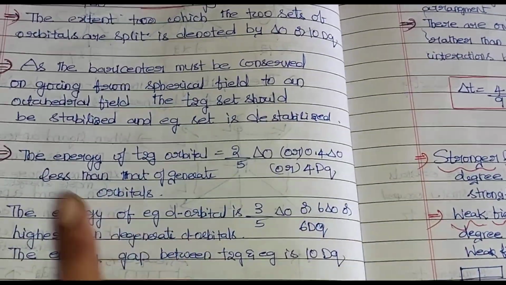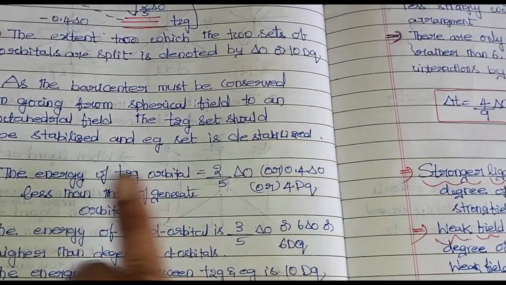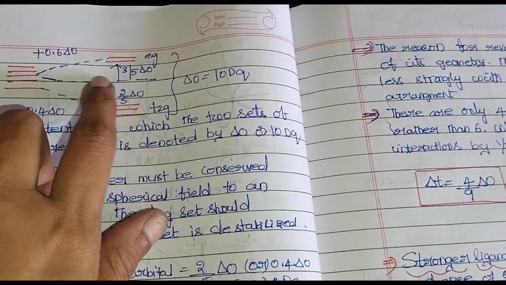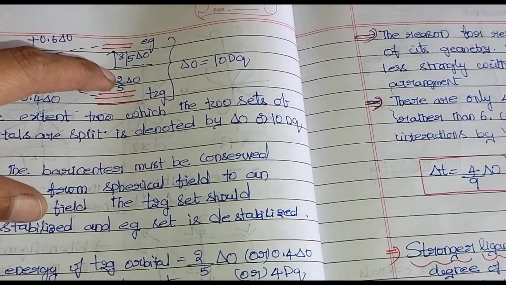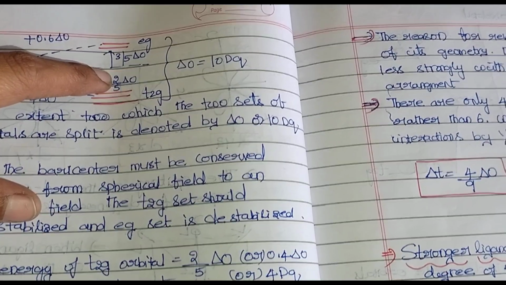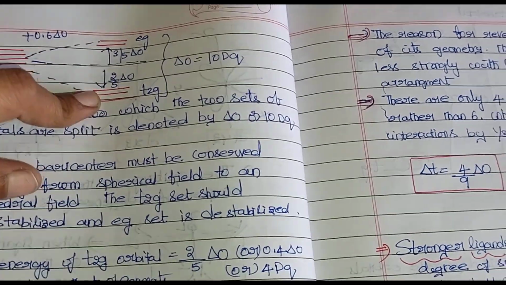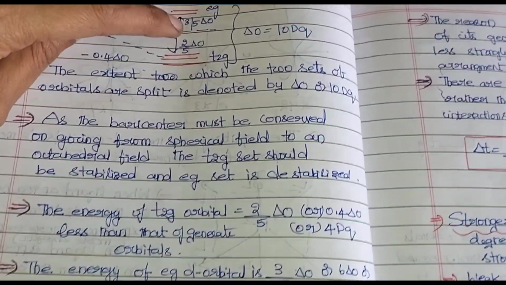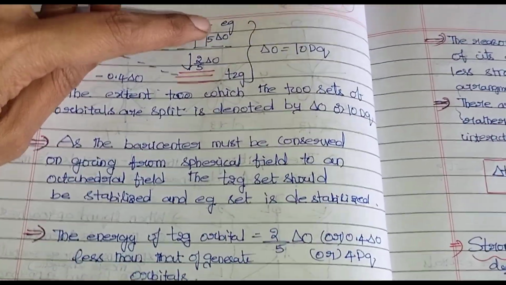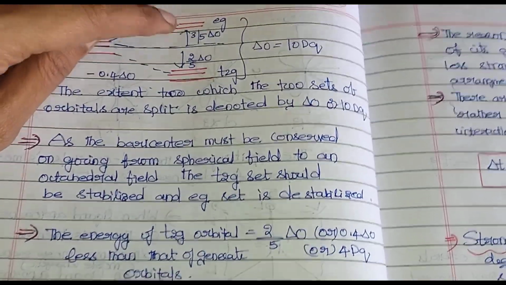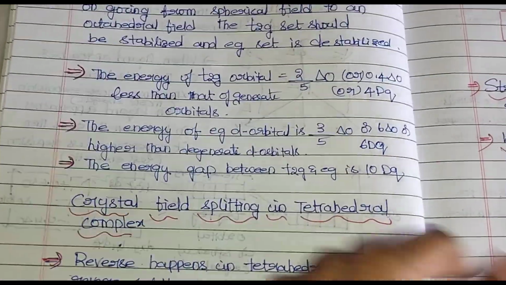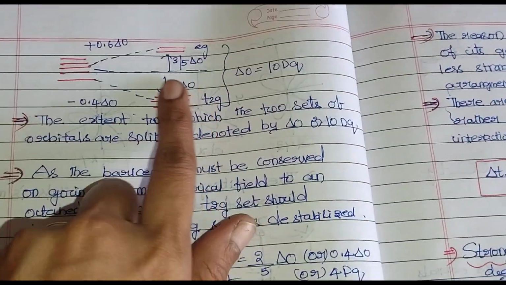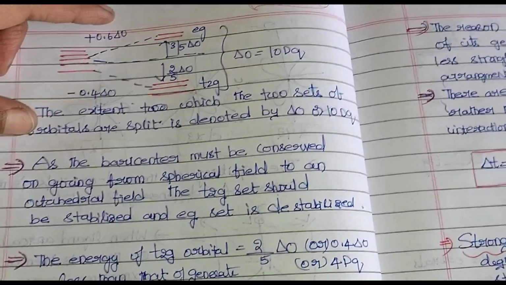This is less than that of the degenerate orbitals. When we compare with this, 0.4 delta 0 or 4 Dq is less, and the energy of the Eg orbitals is 3 by 5 delta 0, or 0.6 delta 0, or 6 Dq, which is higher than the degenerate d orbitals. When we compare with the barycenter, it is that much higher.